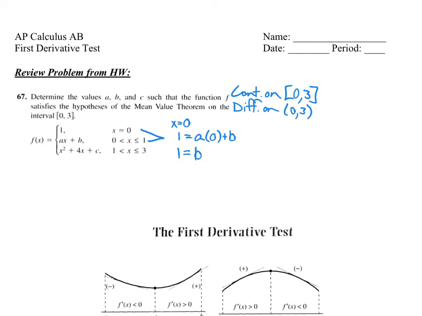So when x equals 1, a times 1 plus b has to equal 1 squared plus 4 times 1 plus c.